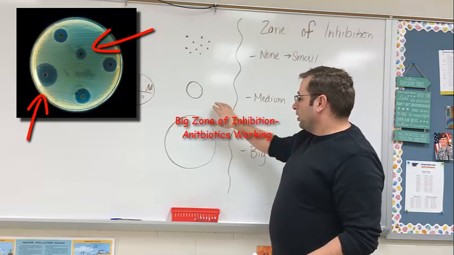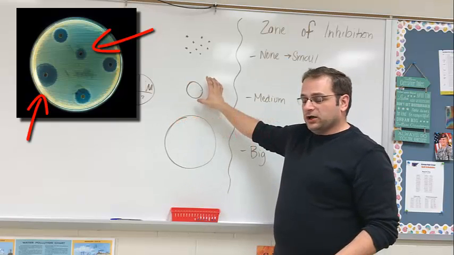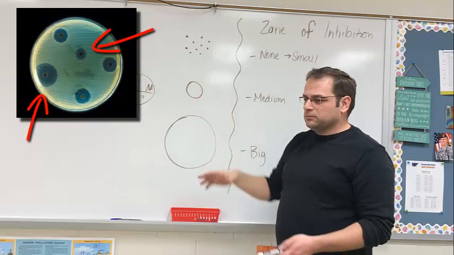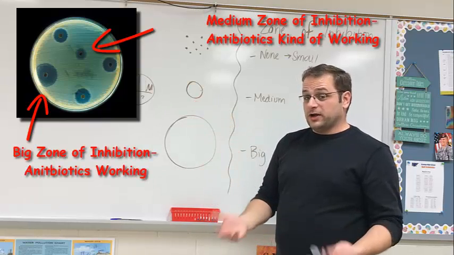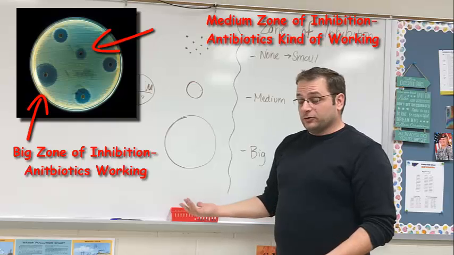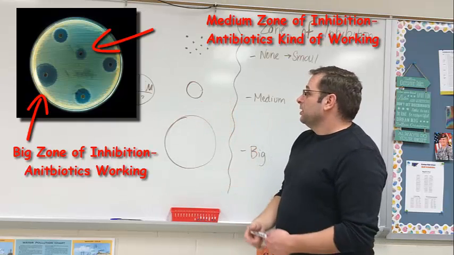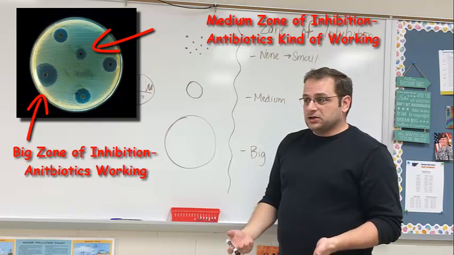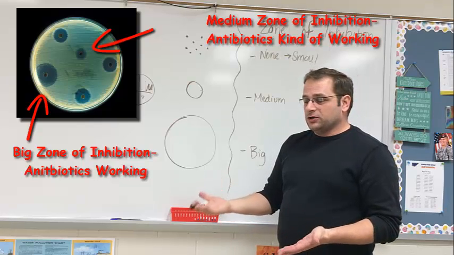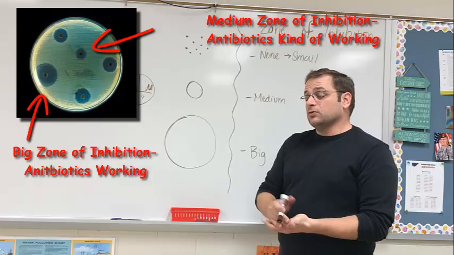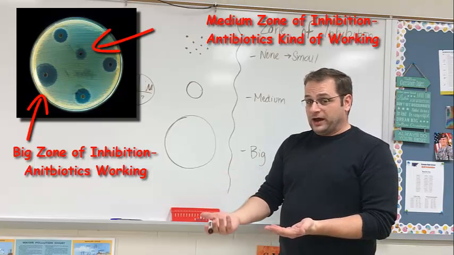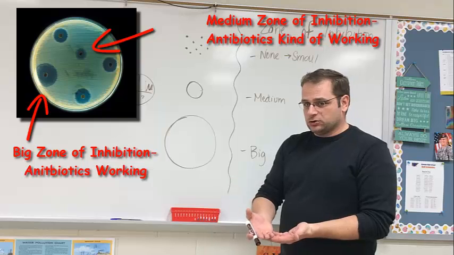And then in the medium case, if we see a medium circle, maybe about half of the bacteria are dying from it and the other half are still living, so it's not quite as effective an antibiotic. The reason scientists use this is that if you have a different type of infection, they want to see what kind of antibiotic works on that particular infection.